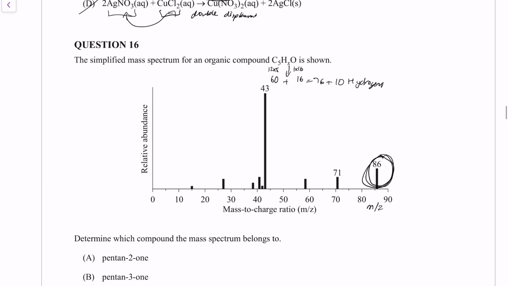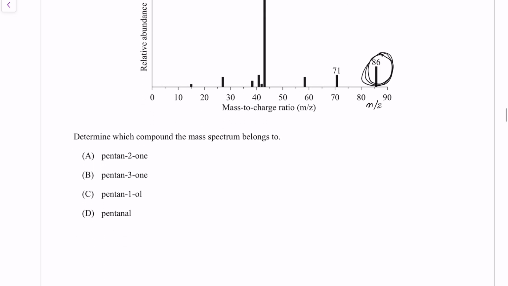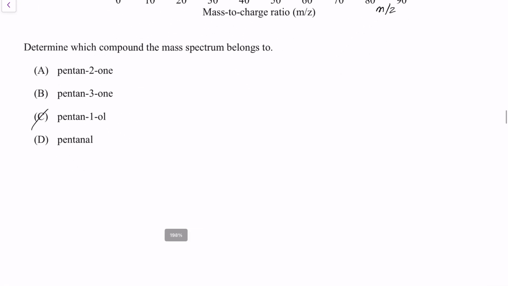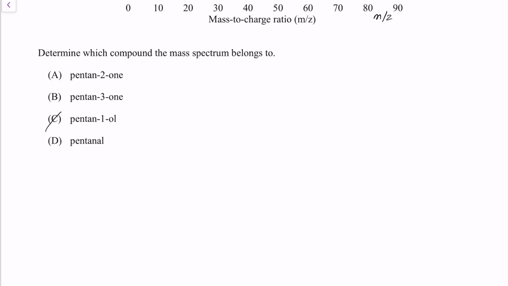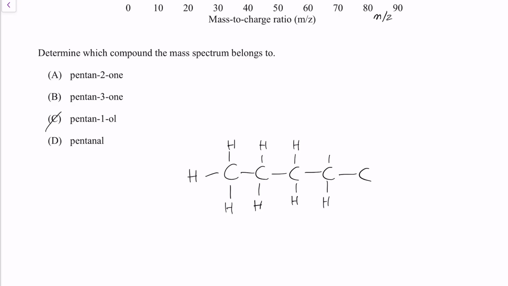Okay, so we can immediately cancel pentan-1-ol, and I can show you how we can do that fast as well. So what I like to do is make the main structure of my pentane chain first, and then manipulate it a bit afterwards. So I would suggest having a pencil.